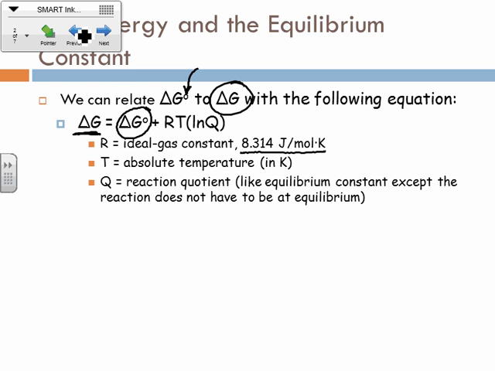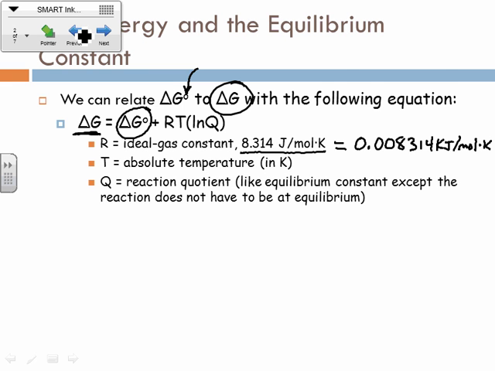Our final delta G, we probably want it to be in kilojoules, so it's probably easier to change this number right here to 0.008314 kilojoules per mole times Kelvin. I know that's annoying. Or you could just say 8.314 times 10 to the negative third. Whichever way you prefer to write that.